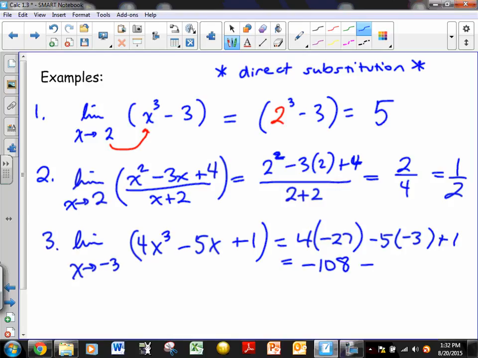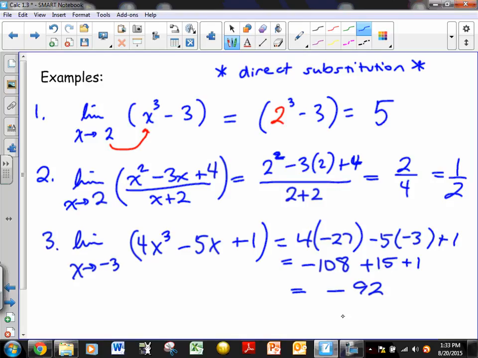Check your calculator. That'll be plus 15 and plus 1, or it's like -92. Okay, so direct substitution is going to work just about all the time.